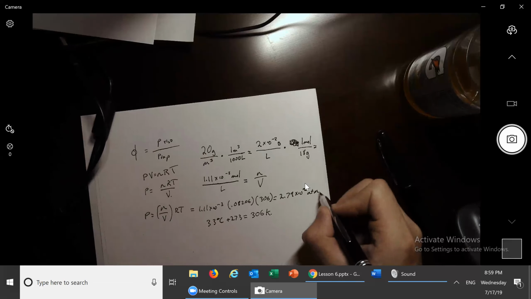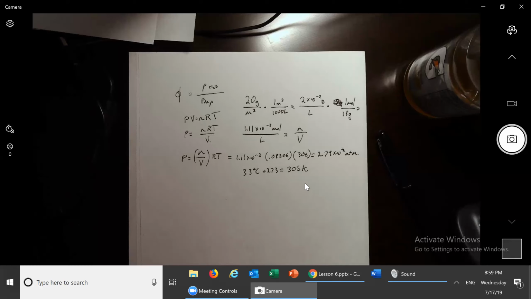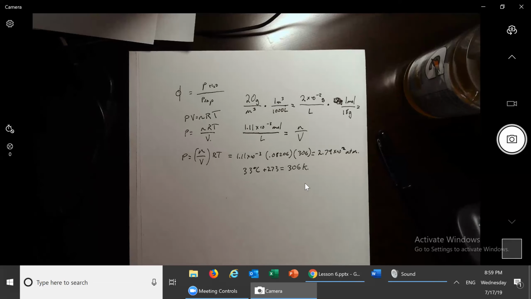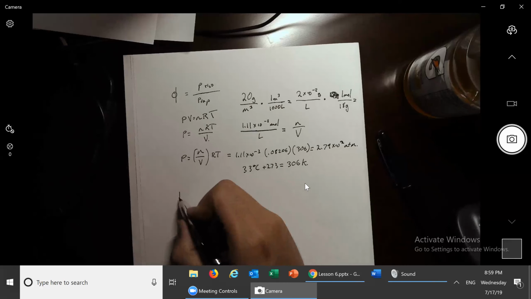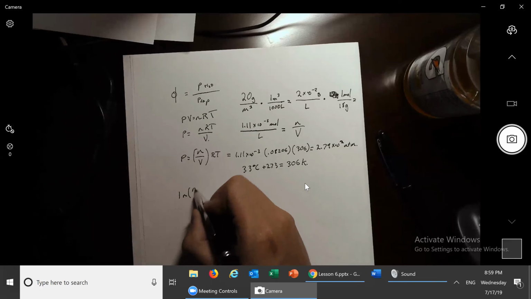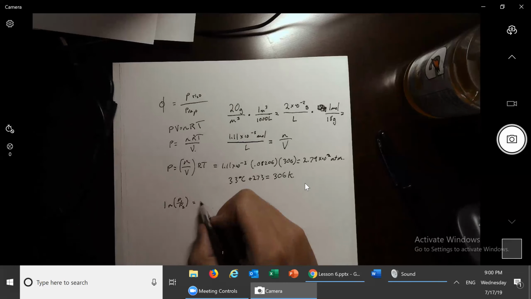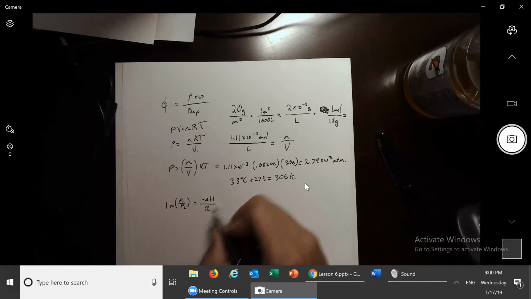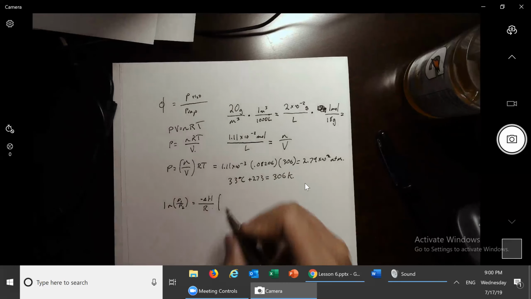So we need to find the theoretical vapor pressure at 306 kelvins. So we use the Clausius-Clapeyron equation. I'm rewriting it in a way that I prefer, but it's the same thing. Can you see why it's the same?